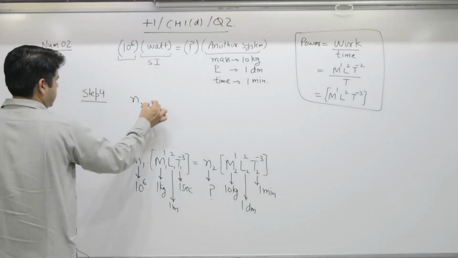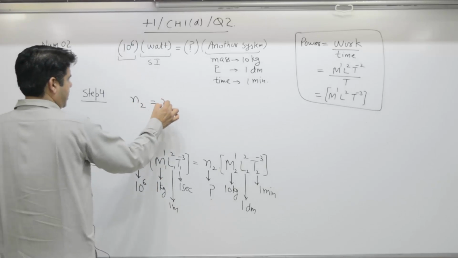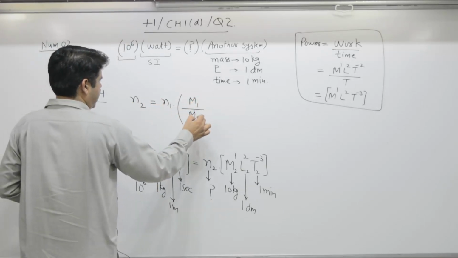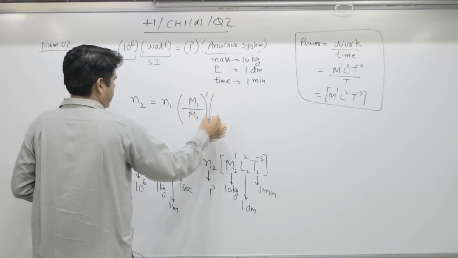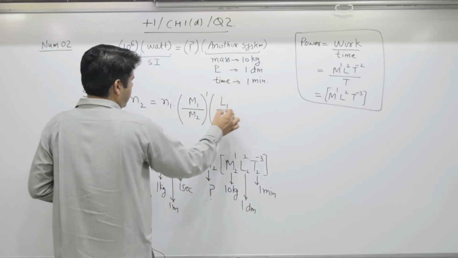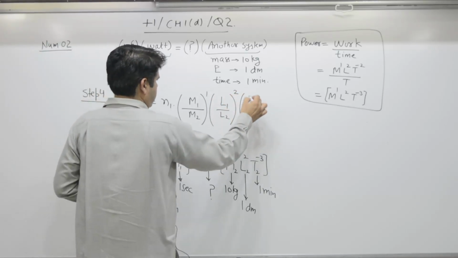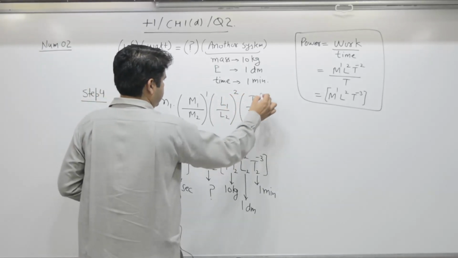N2 is equal to N1, M1 by M2 power 1, L1 by L2 power 2, T1 by T2 power minus 3.